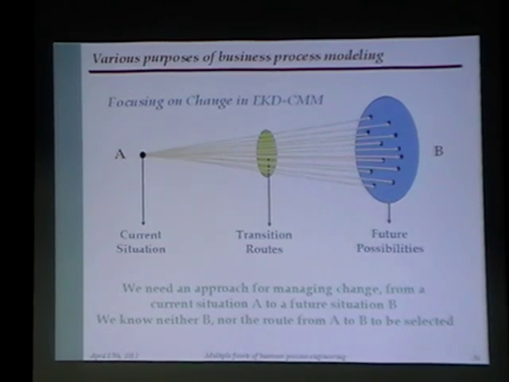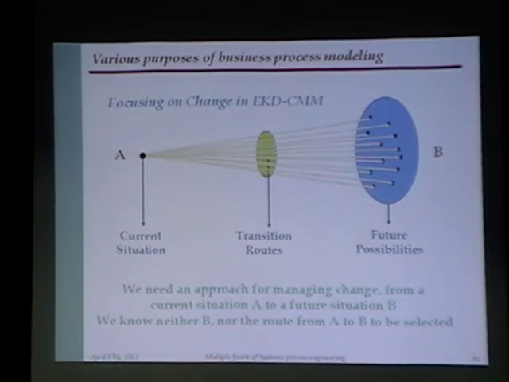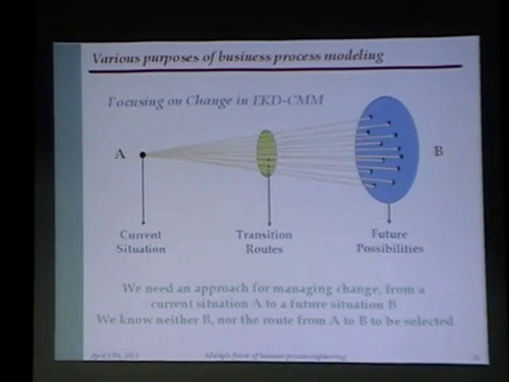In EKD-CMM, in fact we modeled around 200 business processes, and then we realized that it is too detailed for our purpose of modeling, because our purpose of modeling in this European project was the change of the company.